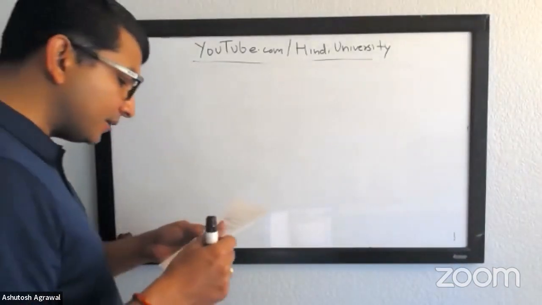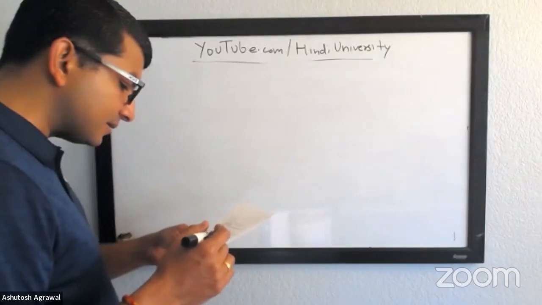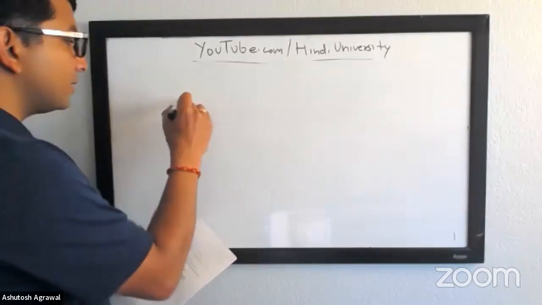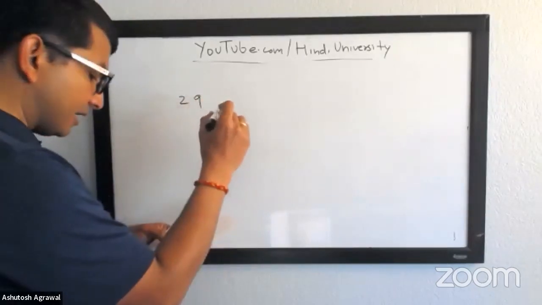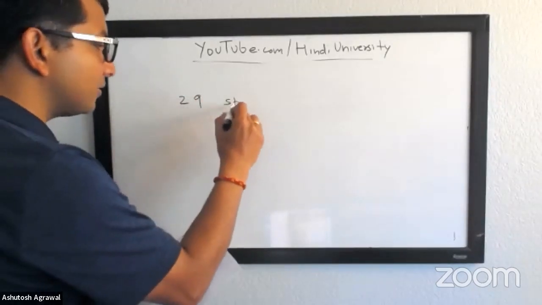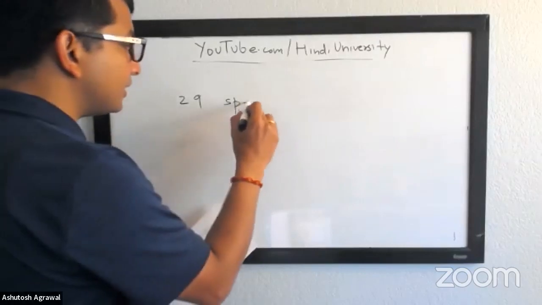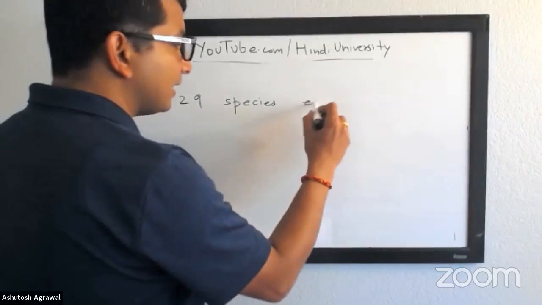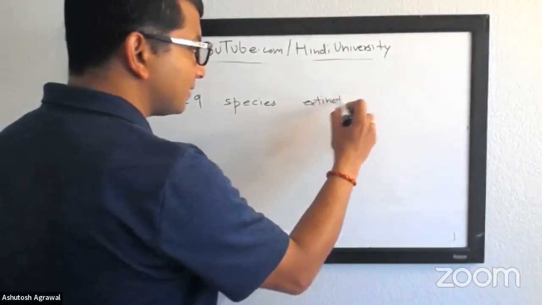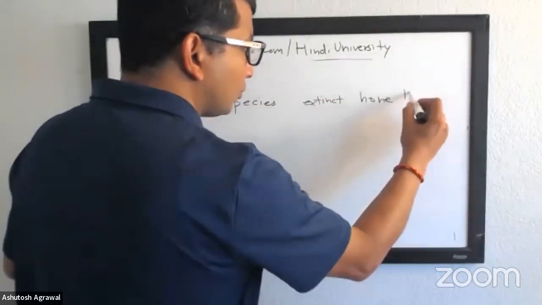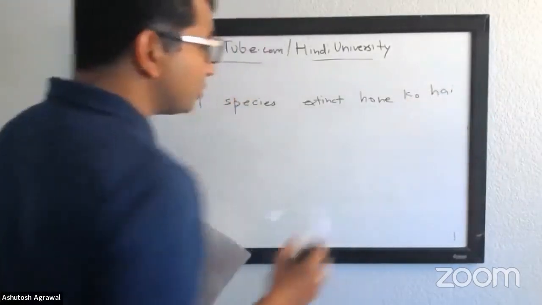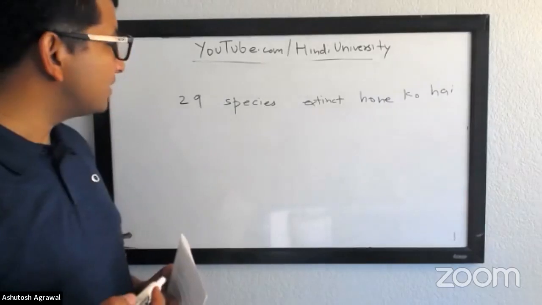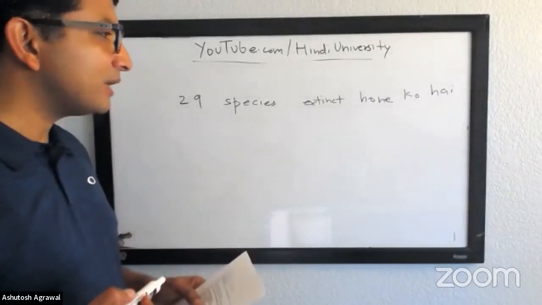Let's say they're talking about some species of animals. First in English: 29 species extinct होने को है. This should be simple because a lot of English words are there.